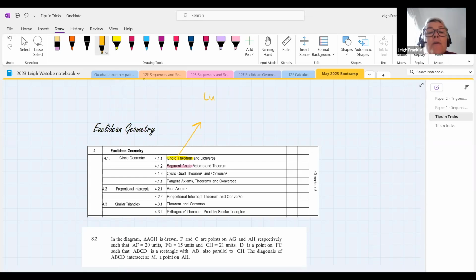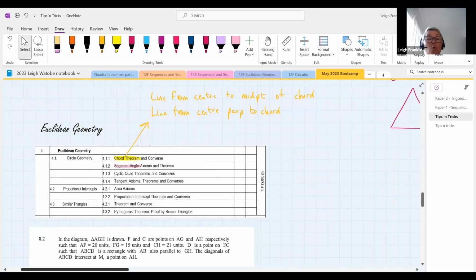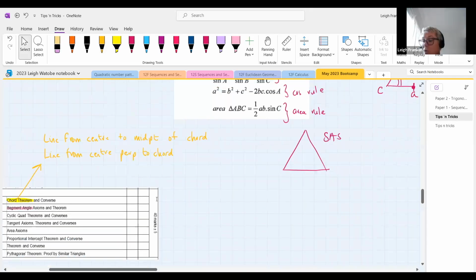line from center to midpoint of chord, and the other one is line from center perpendicular to chord. Okay, so now the difference between these two is which one comes with the 90-degree corner.